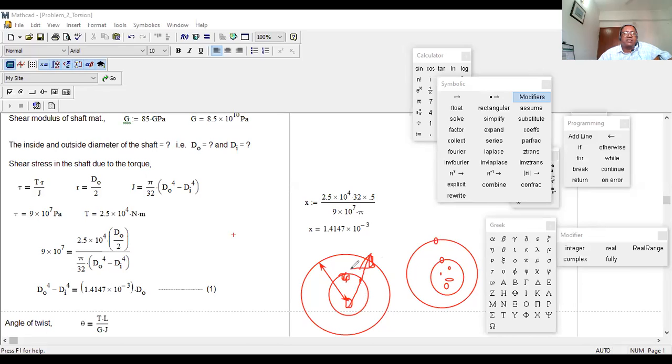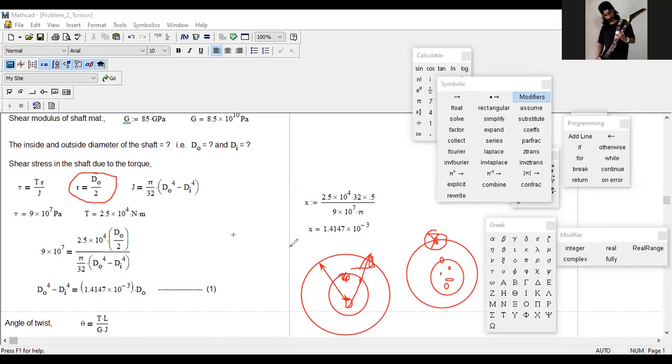But since this is the same material, just hollow, we know right over here your shear stress will be maximum. So we took R equal to D naught by 2. Got it? Now, for this problem, if I say figure out the torque, how much torque it can carry, this type of problem.